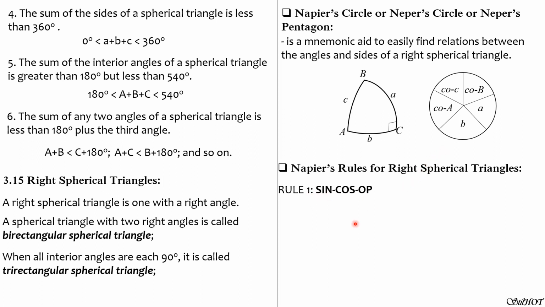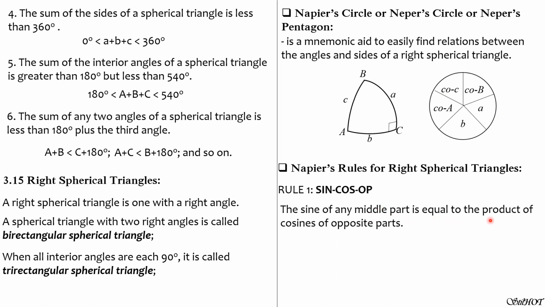So that is, if I make the sine of this middle part here the complement of C, opposite to this element would be A and B. So that is sine of complement of C is equal to cosine of A times cosine of B, applying the first rule, because the sine of any middle part is equal to the product of the cosines of opposite parts.